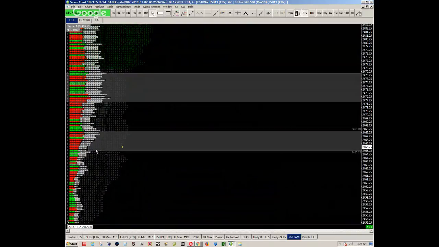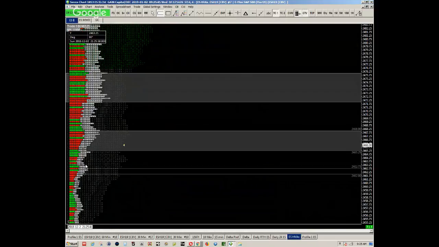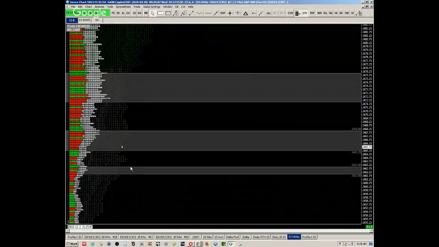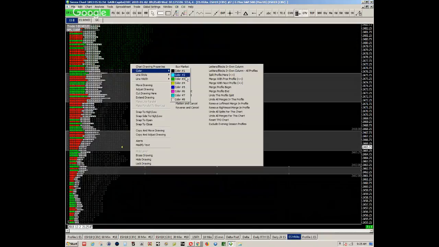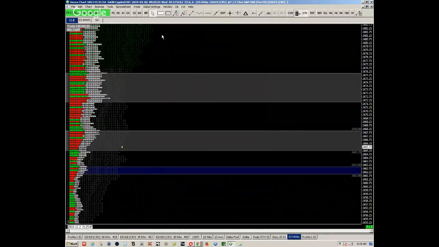I think I like that. Okay. Again, we're opening in here, so that's gray. I'm going to make this potential, getting kind of frustrated, color this blue. Potential buy zone.